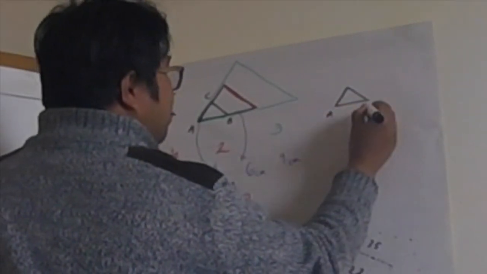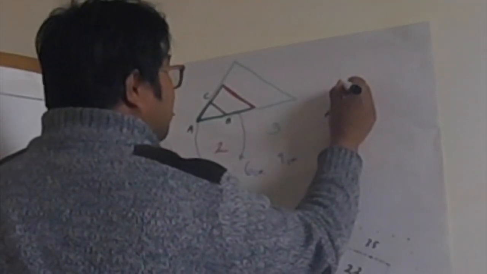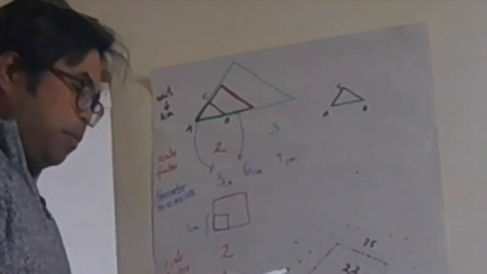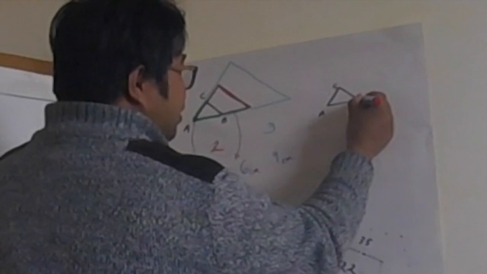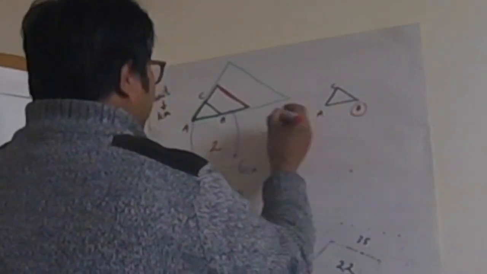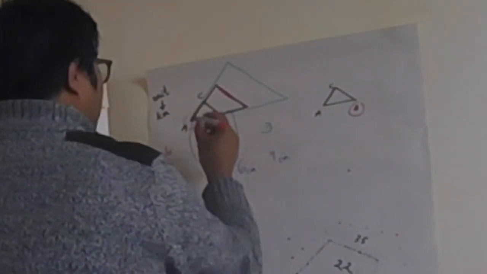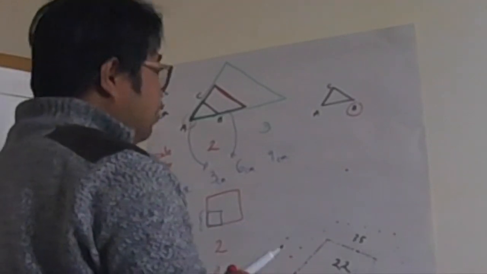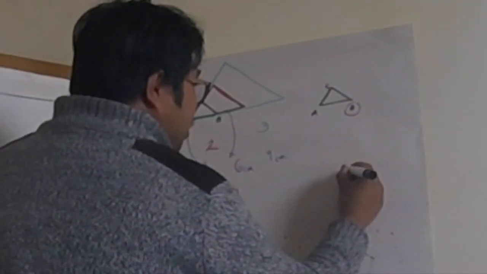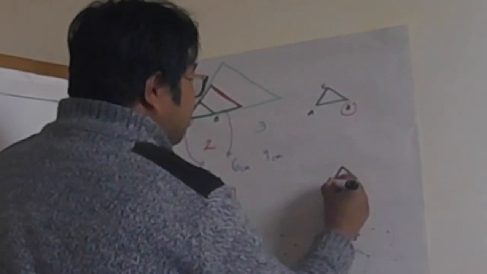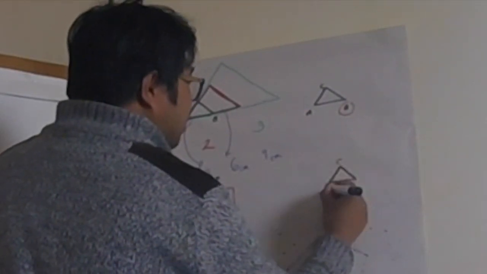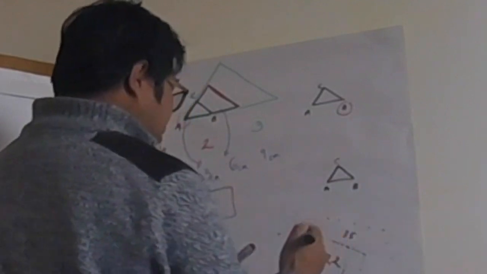This is A, B, and C. What happens if my point of enlargement is B? This one, right? And what will happen if my point of enlargement is C? Here.